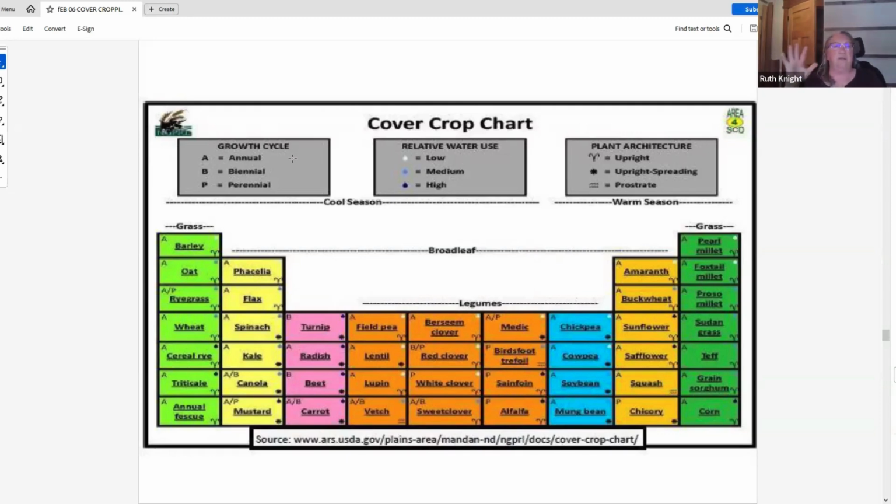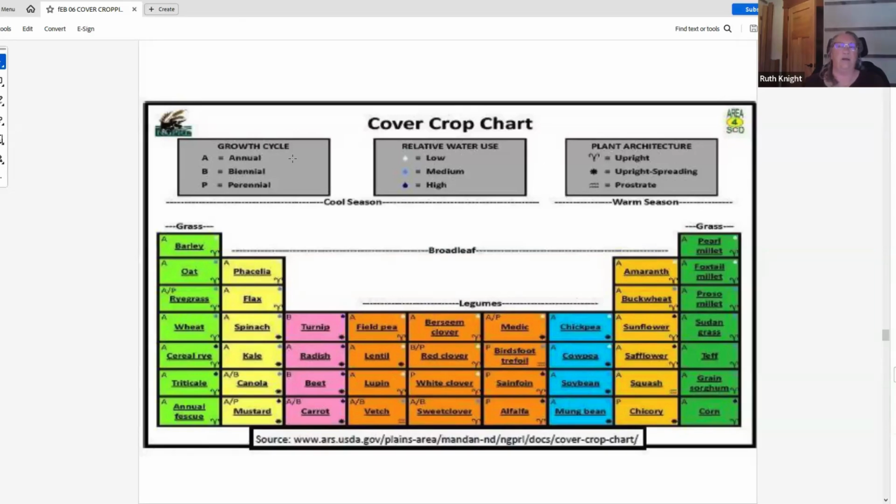So annuals, in terms of organic production, annuals can be the least complicated because they generally are winter killed. Biennials are plants that grow one season, they live through the winter, and in the second season, they go into reproductive phase and create seed. And perennials, they live from season to season.